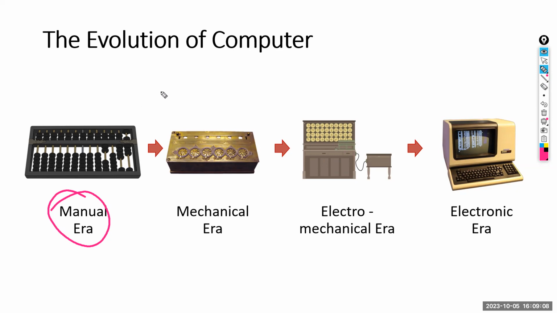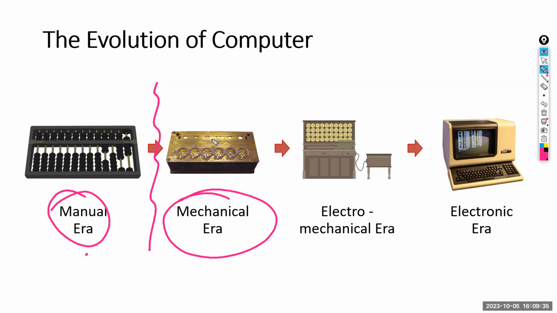So this is the evolution of the computer: the manual era, or the manual computing devices, and the mechanical era, the use of mechanical devices for computing. Computing means, until very recently, until the 1930s, 40s, calculating; basically those were calculators.